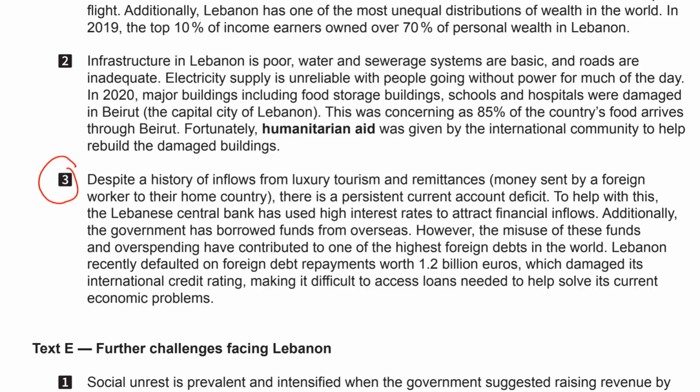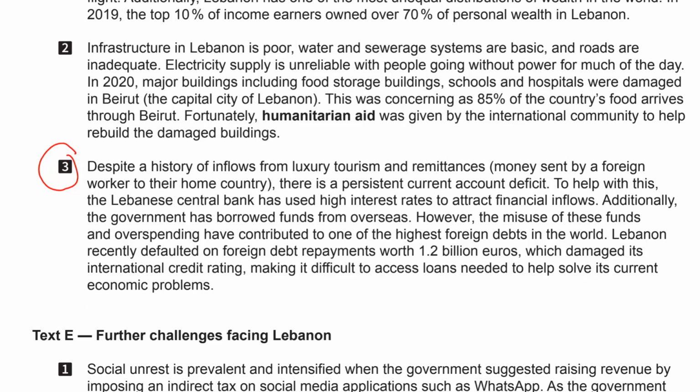However, the misuse of these funds and overspending have contributed to one of the highest foreign debts in the world. Lebanon recently defaulted on foreign debt payments worth 1.2 billion euros, which damaged its international credit rating, making it difficult to access loans needed to help solve its current economic problems. Wow, so a lot of problems faced by the country.